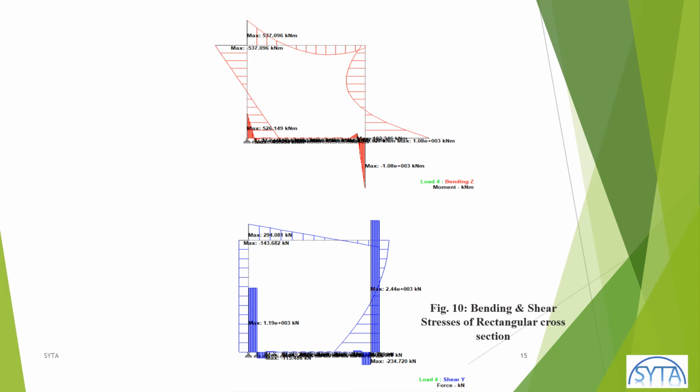When I designed for this section, I was getting a reinforcement of around 25 mm dia. But as we went to this arc-shaped section, my reinforcement reduced to around 12 mm dia with the same spacing. So we can reduce the reinforcement quantity by 50% just by choosing the right configuration for the tunnel.